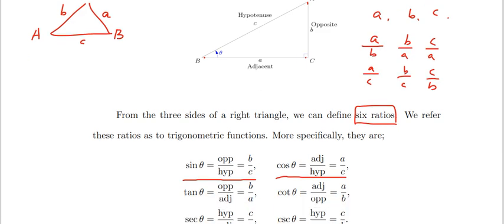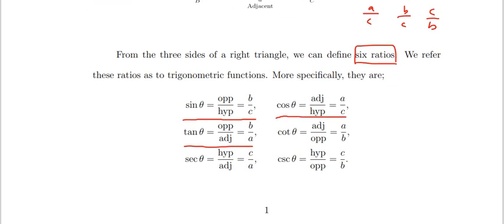Those are the 6 trigonometric functions: sine, cosine, tangent, cotangent, secant, cosecant. It's hard for us to remember all of these, so we say that although we have 6 of them, the most important are sine, cosine, tangent, because we can write the others in terms of them.